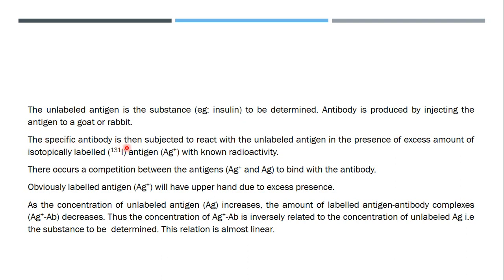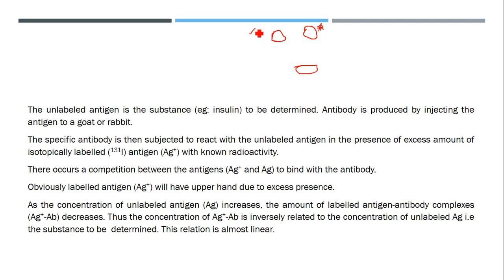So specific antibody is then subjected to react with unlabeled antigen in the presence of excess amount of isotopically labeled antigen with known radioactivity. Okay, so now we are having antibodies. We will take a standard antigen whose concentration we already know and which is unlabeled, and then we will take a labeled antigen, that is antigen which is made radioactive by use of a radionuclide.